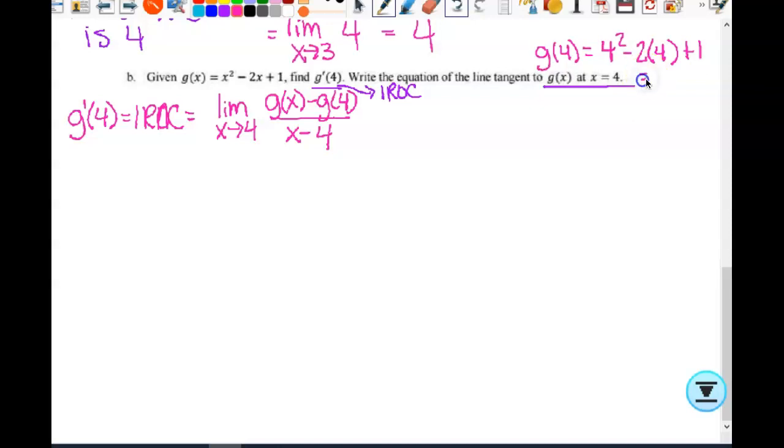That's 16 minus 8 plus 1. Is that correct? Does that give me 9? Yes? We all agree? Don't let me do arithmetic wrong. Okay, so my g of x is x squared minus 2x plus 1, minus 9, over x minus 4.